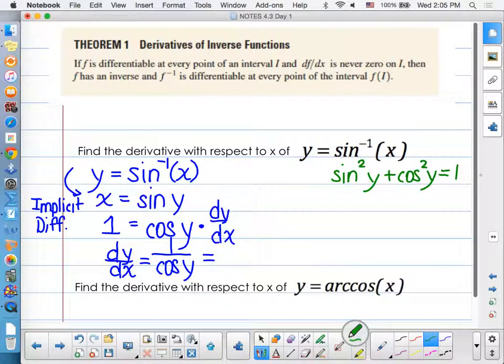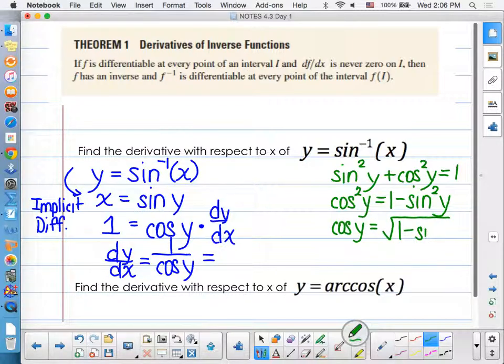So we're going to try to put y in terms of something else. Solving this a little bit, I'd have that cosine squared of y would be 1 minus sine squared of y, just doing a little algebra. And then I would take the square root on both sides, so the cosine of y is the square root of 1 minus sine squared of y.